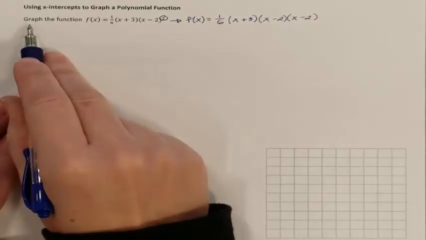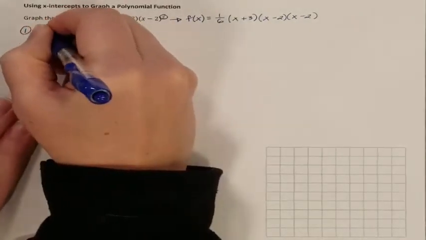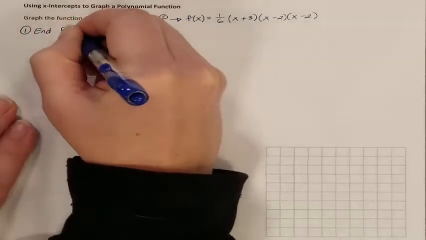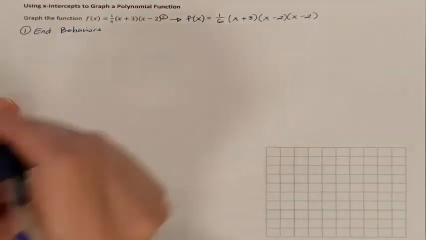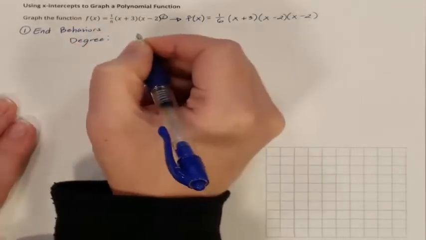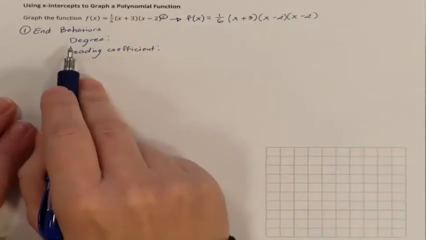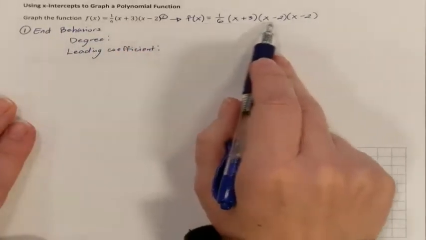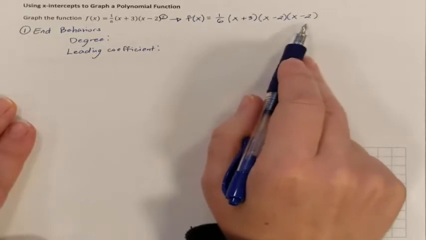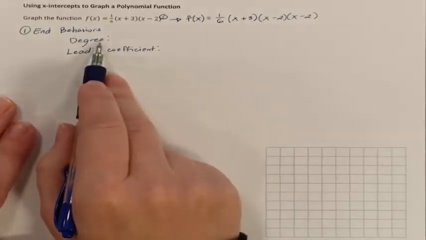When we are being asked to graph a function, the very first thing that we need to identify is our end behavior. You determine the end behavior by looking at the highest degree and the leading coefficient. Looking at this, we're already in factored form, so the highest degree is found a little bit differently.